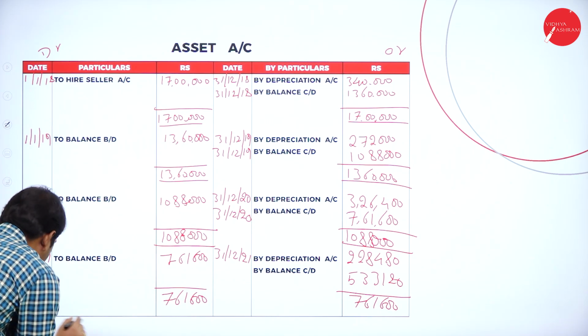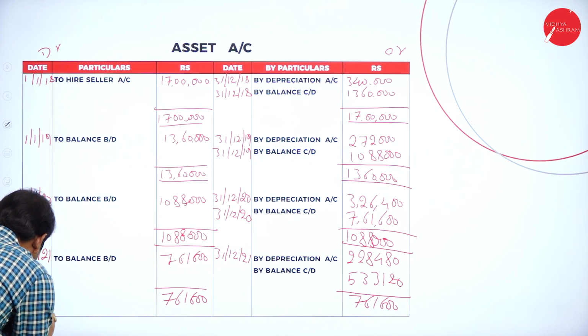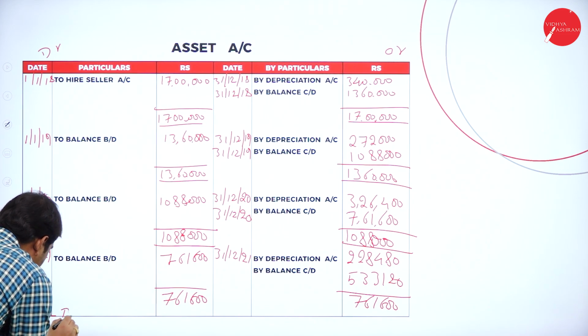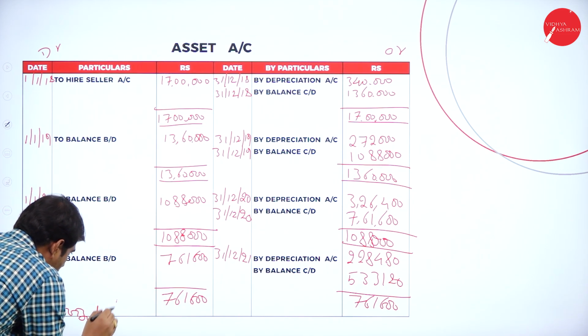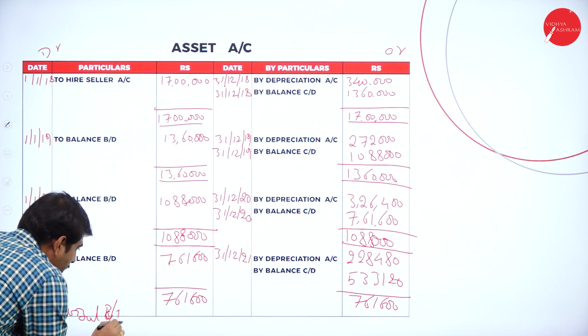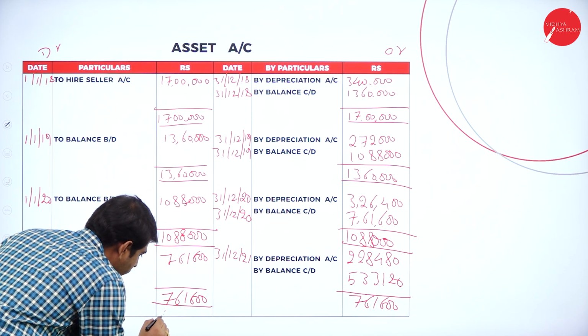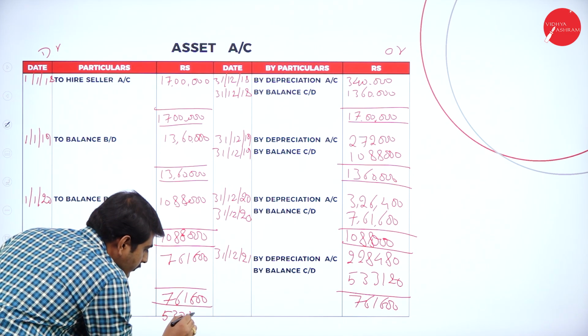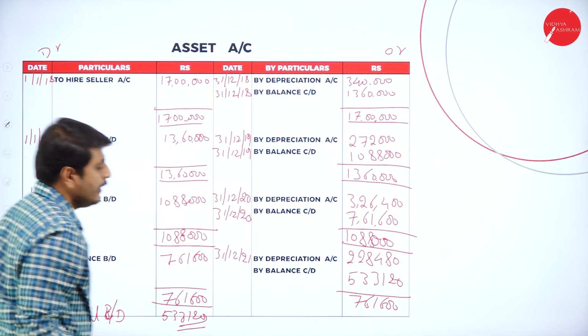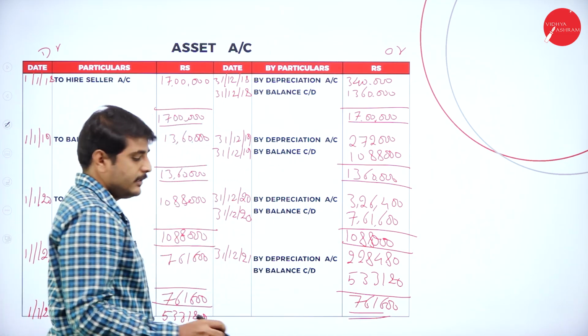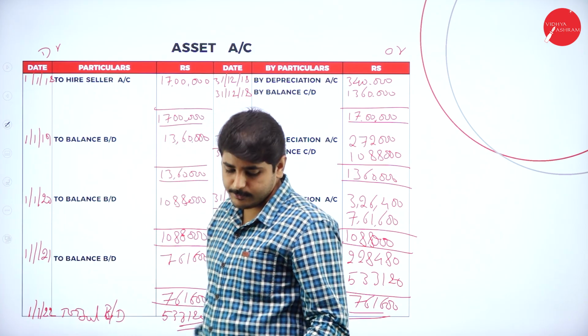Again, for the last year, we can calculate 1/1/22, balance carried down, brought down 5,33,120. So this is the depreciation, this is the asset account.